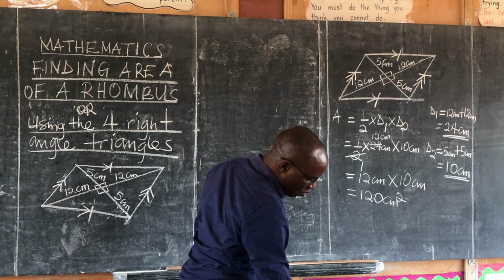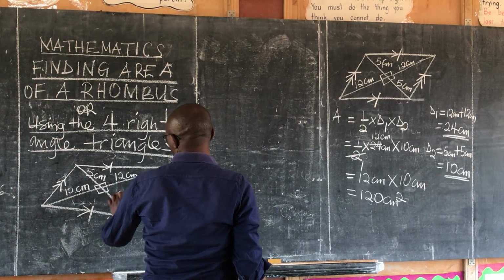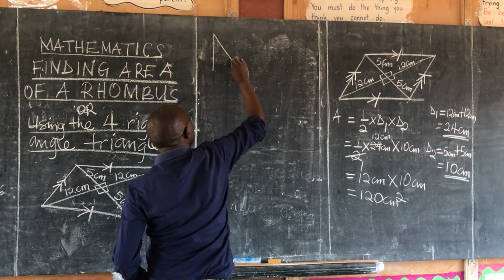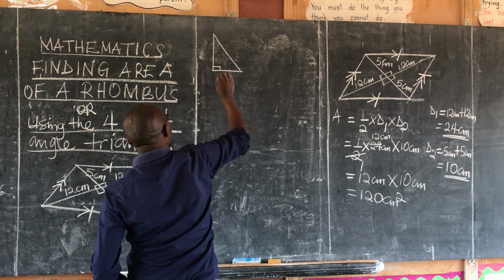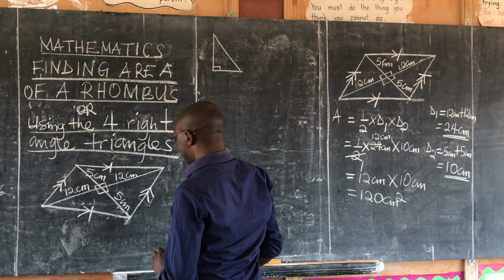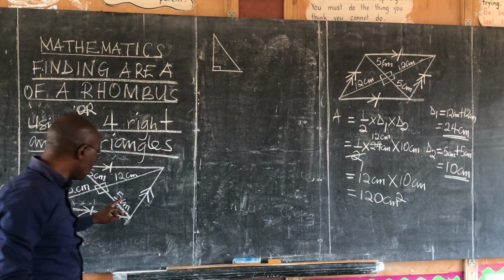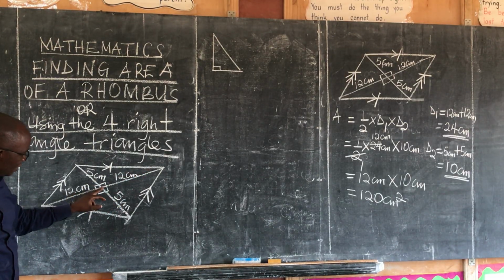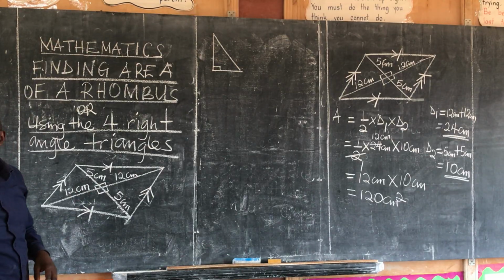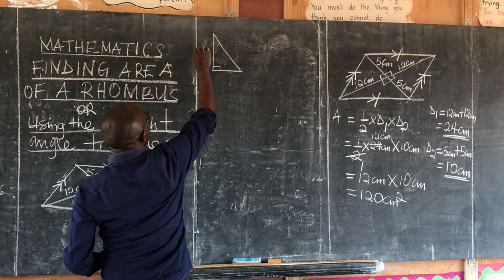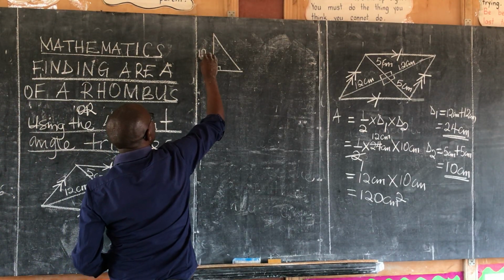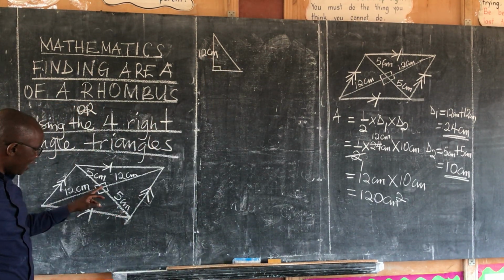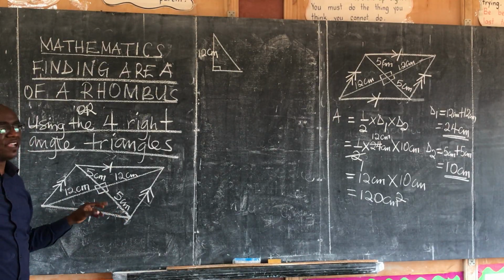I extract one right angled triangle from the rhombus. And this is what I've extracted. Its height is 12 centimeters, and the base is 5 centimeters.